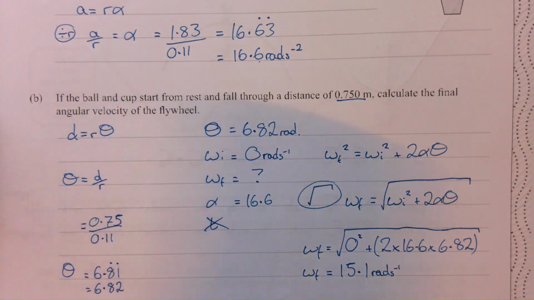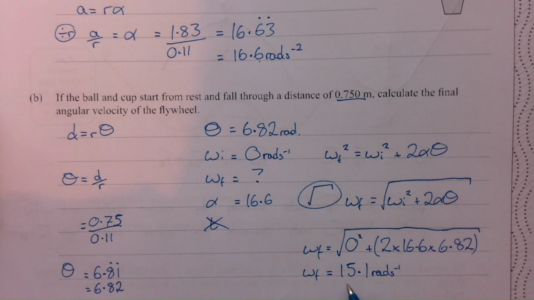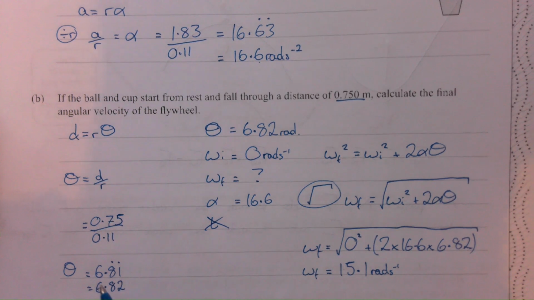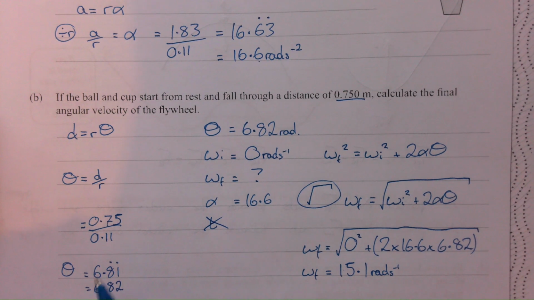Now for this question, merit is achievable in this. To do so, you have to calculate the final answer. For achieve, you have to either work out the angular displacement correctly, and so if you get a question with distances and radii, especially with pulley sort of systems, it's always a good bet to do that straight away.